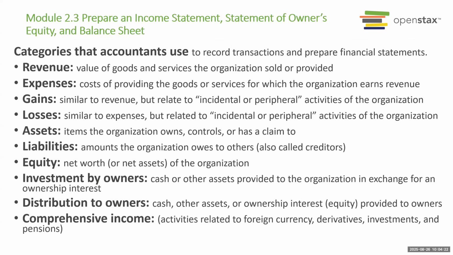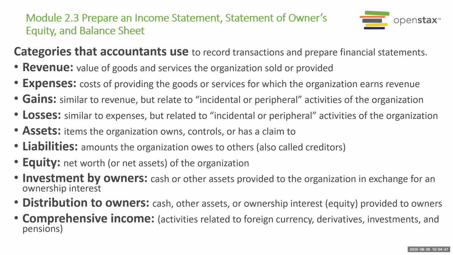Okay, let's talk about the various categories. Revenue is the value of goods and services an organization sold or provided. Expenses are costs of providing those goods or services for which the organization earns revenue. Again, revenue and expenses are what the business is in business to do.